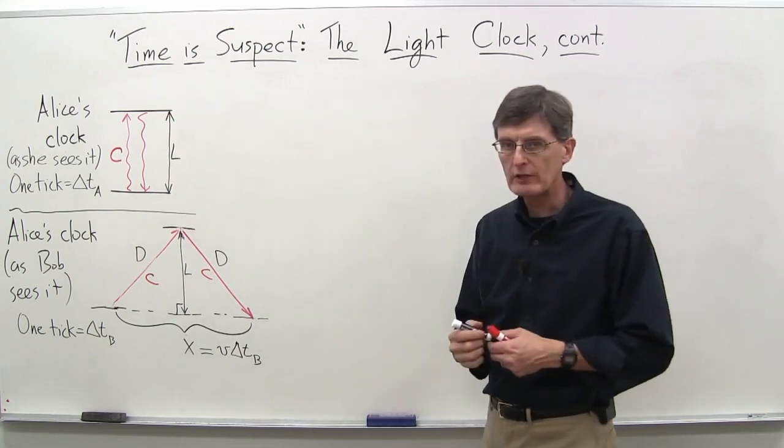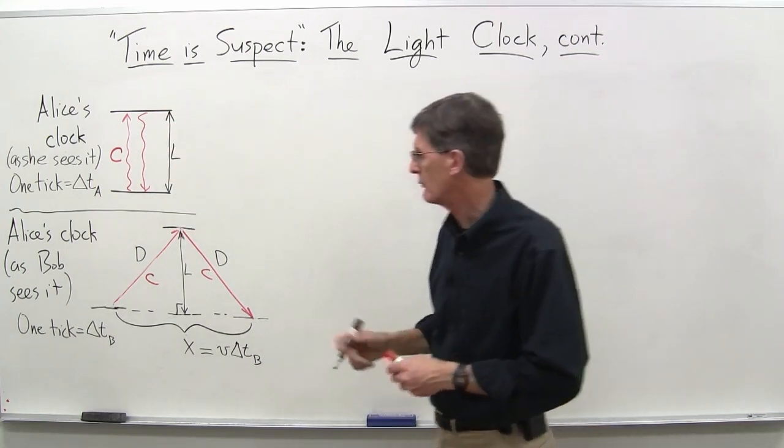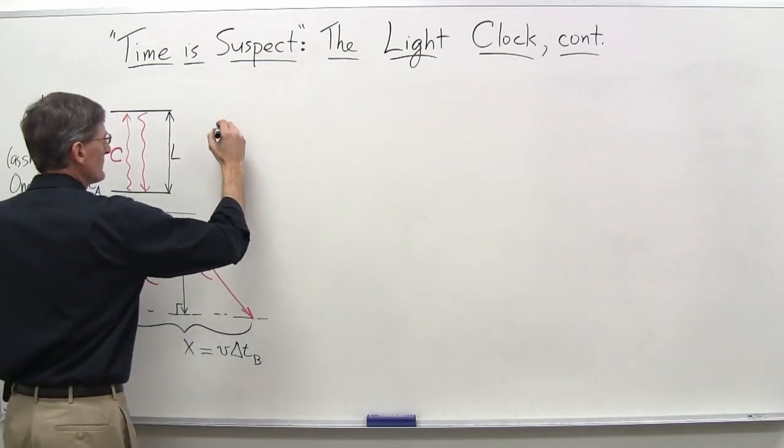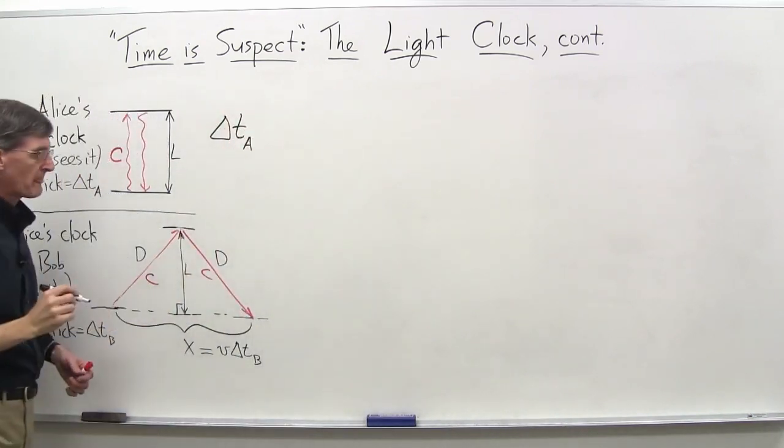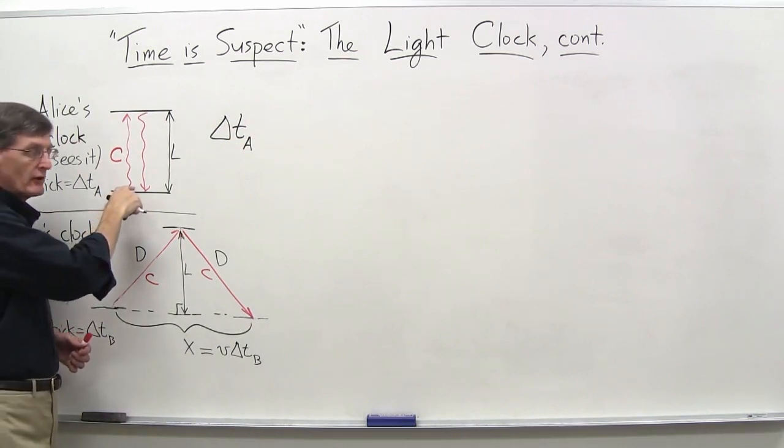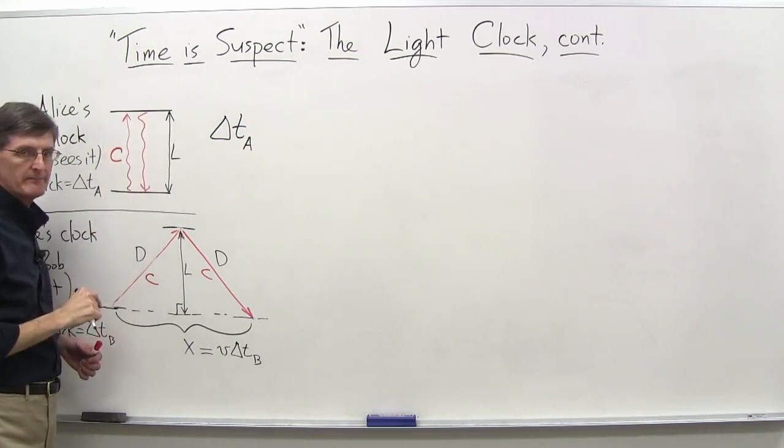In fact, let's write an equation for delta T sub A. Delta T sub A is going to be the travel time up and back down again.